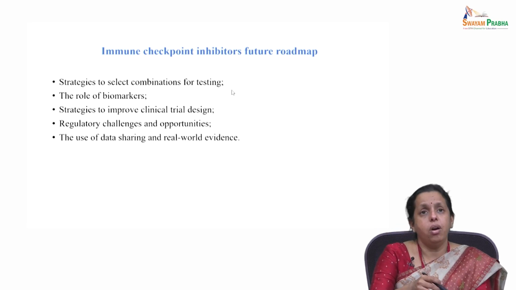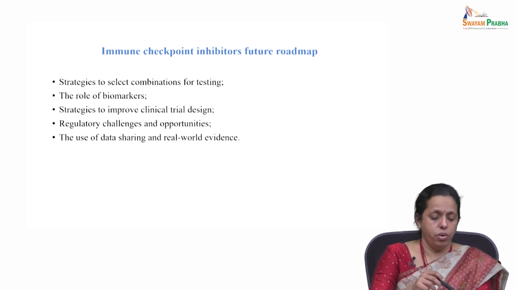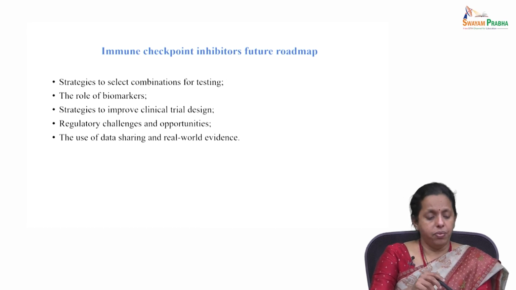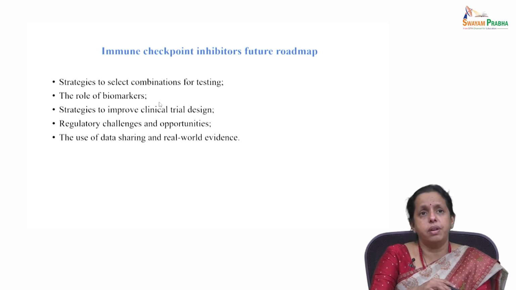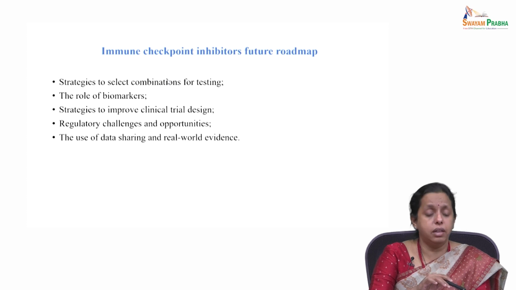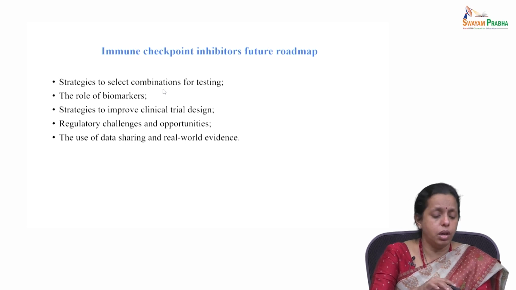As I said, again we are stressing, not one size fits all. So, not a single combination would be taken up for treatment of every cancer. The role and importance of biomarkers is very, very important, because these biomarkers, like PDL1 staining, will predict the patient's outcome, or the response to that particular combination of inhibitors.